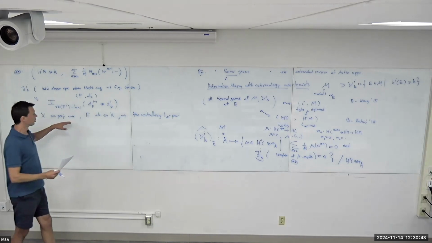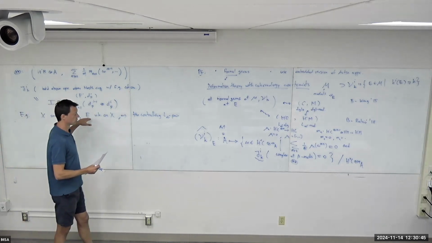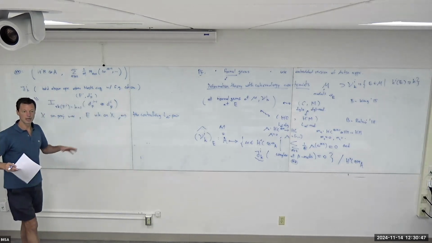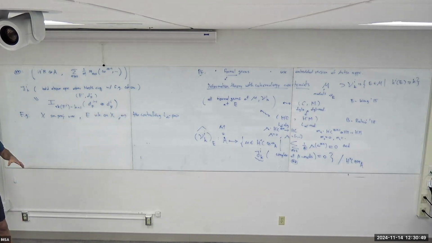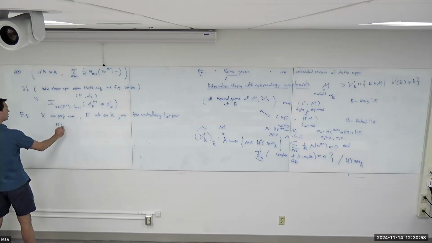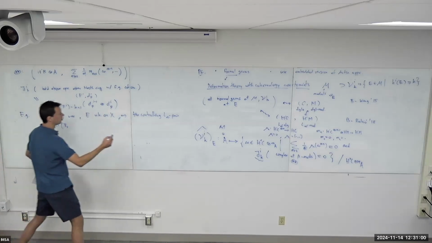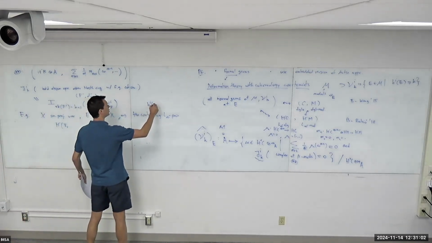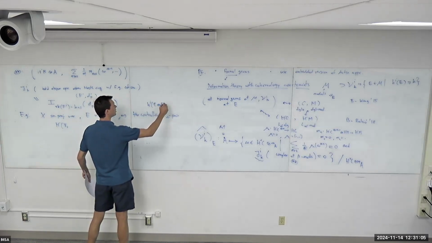So you can pose the question of deformation with cohomology constraints on E even without asking for moduli to exist. Yeah, that's a classical thing. And the controlling L-infinity pair in this case is just the cohomology of... So maybe I want to control actually this cohomology, or I fix a twist.